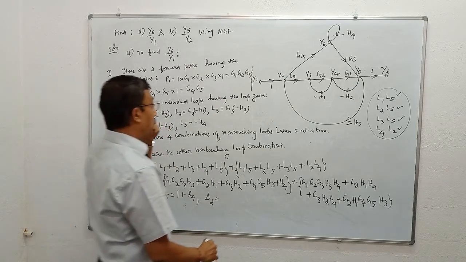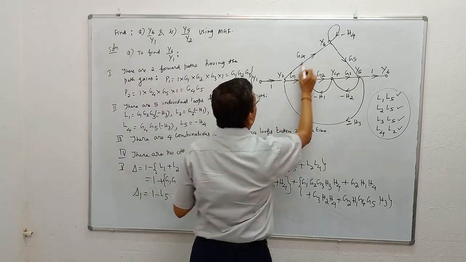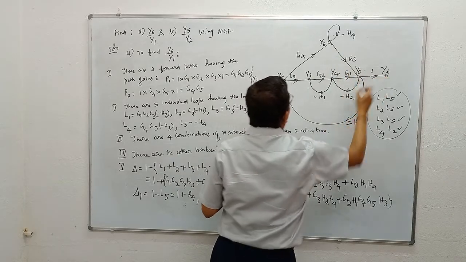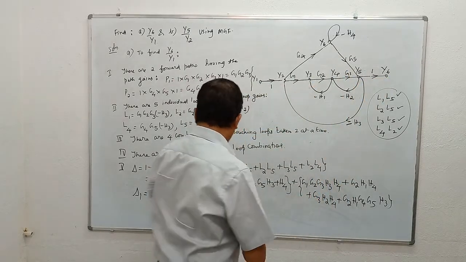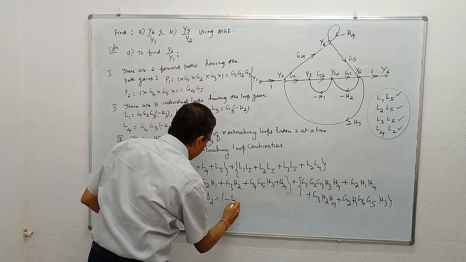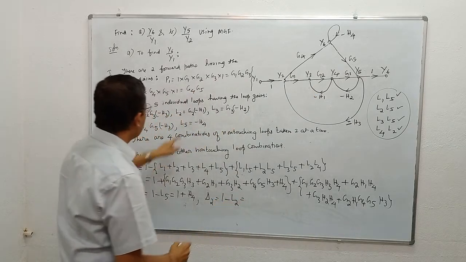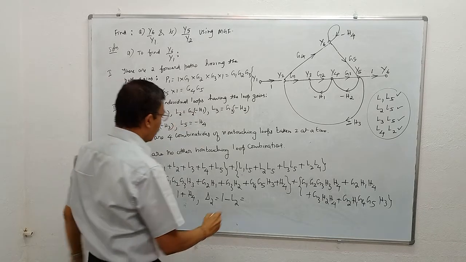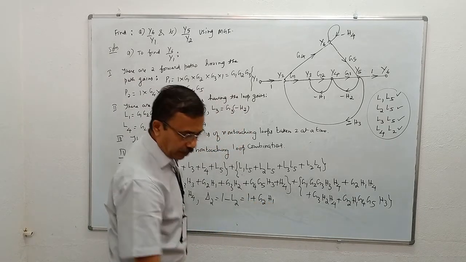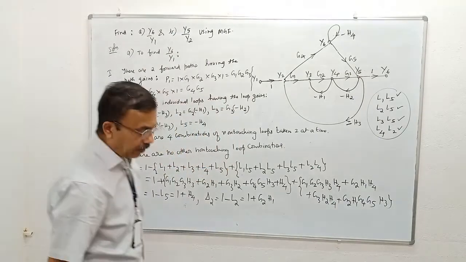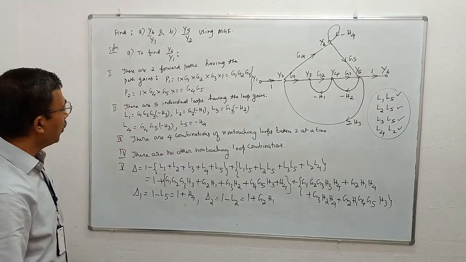The second forward path, loop number 2 is not touching. Therefore, it is 1 minus L2. What is L2? Minus G2 H1. So you get 1 plus G2 H1. Like this, the cofactors delta 1 and delta 2 are found.